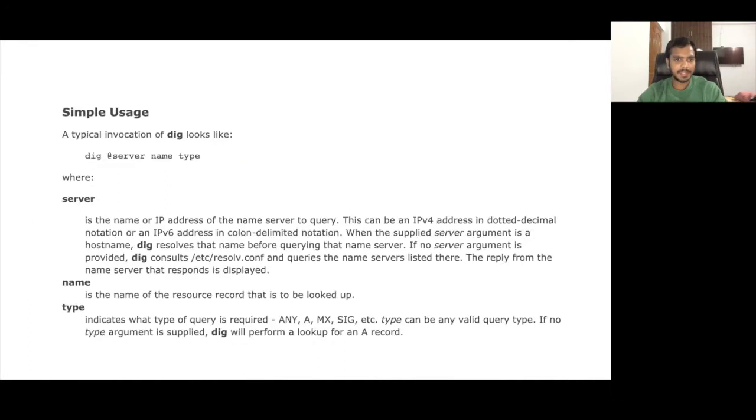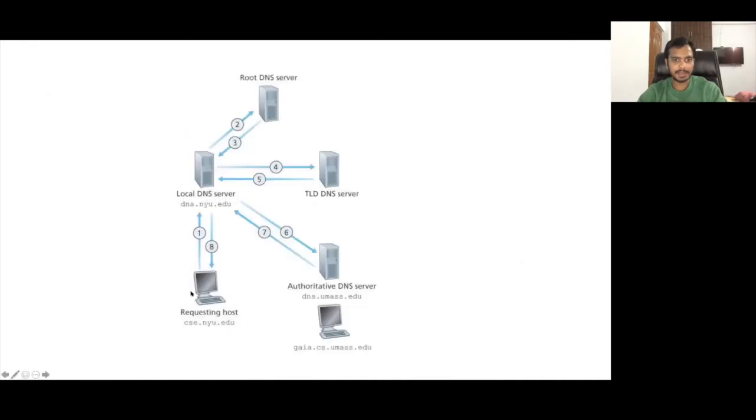If you remember here, we have the requesting host. The first query here is a kind of recursive query, in the sense that once you make this first query to the local DNS server, it is the job of the local DNS server to find out the answer. The local DNS server is then doing iterative queries.